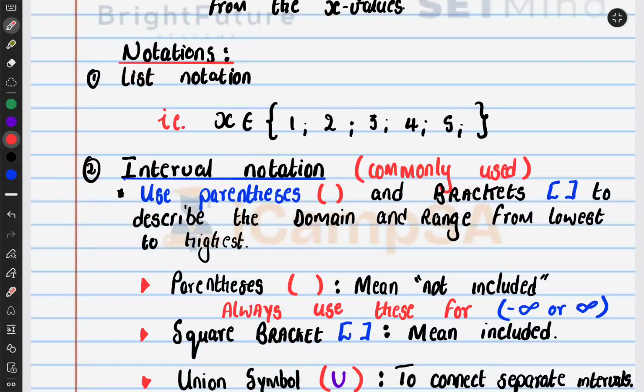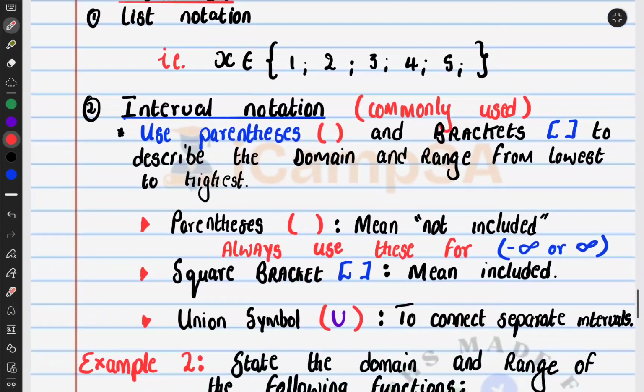But for the most part, in grade 10 you're going to be using interval notation, because we deal with continuous functions, so this is the one which is commonly used.